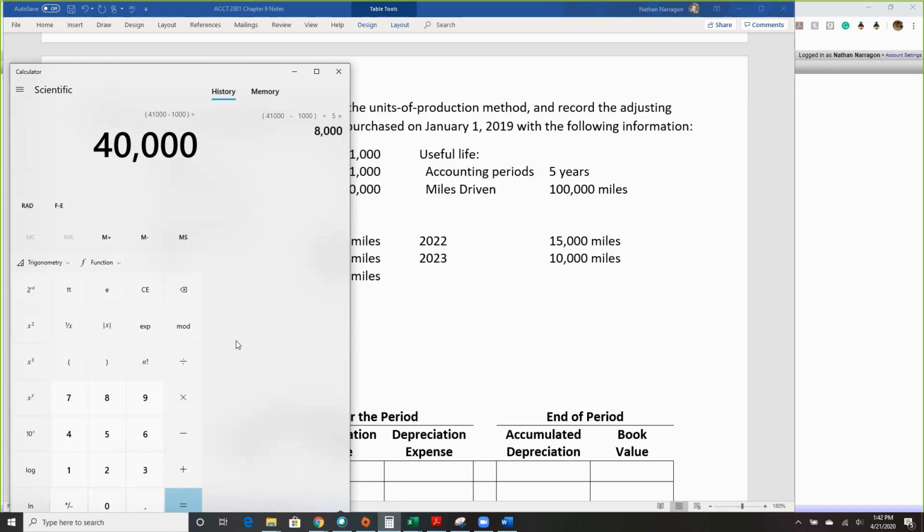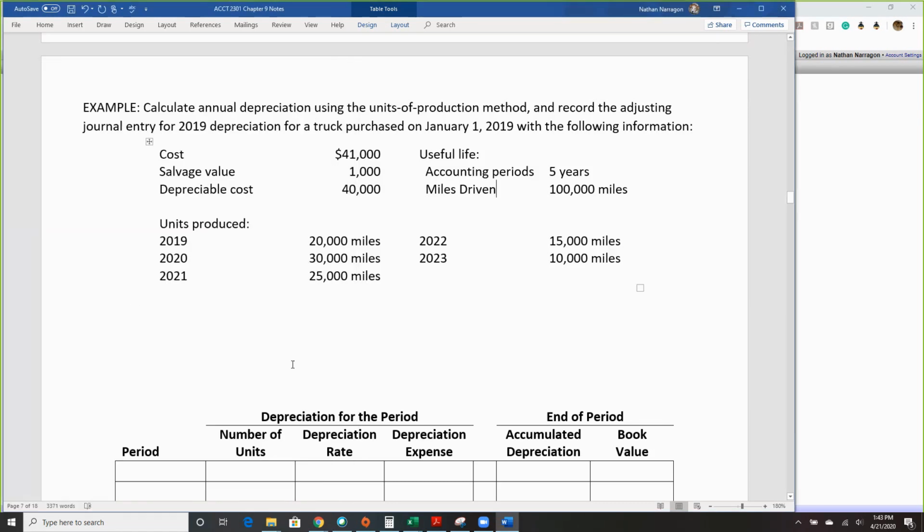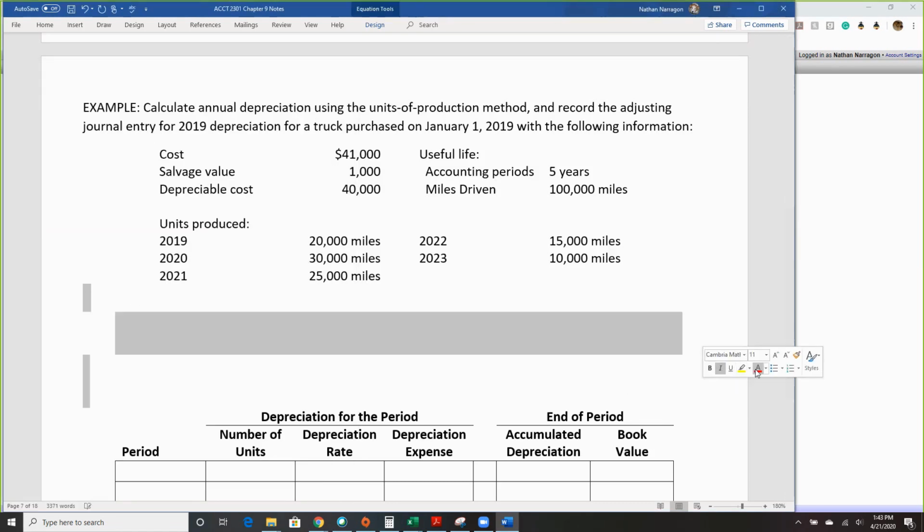And this time, we're going to divide it by the total miles that we think its useful life is, which happens to be 100,000. So basically, per mile, we're going to depreciate by 40 cents. There's the math calculation right there.